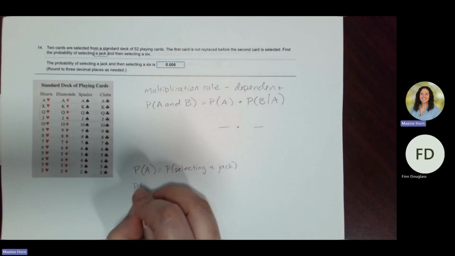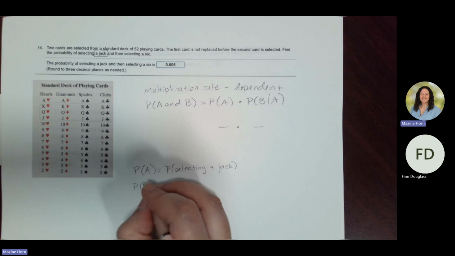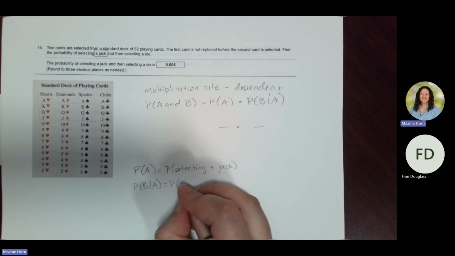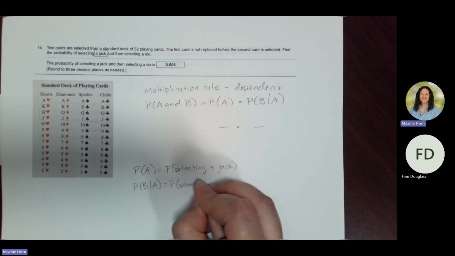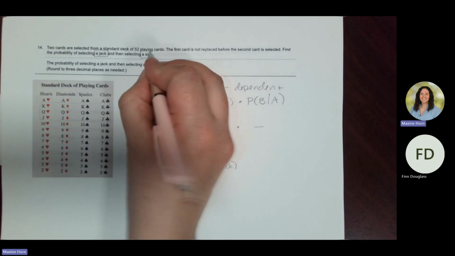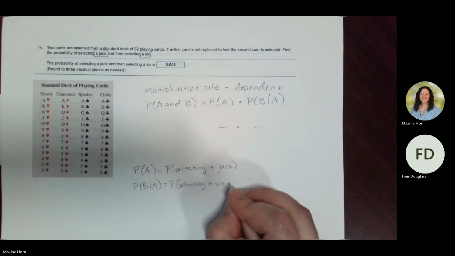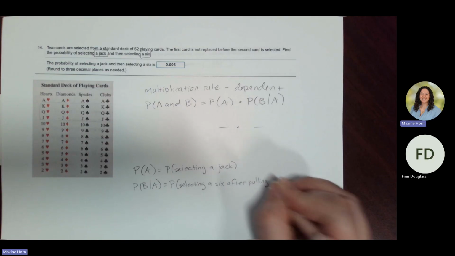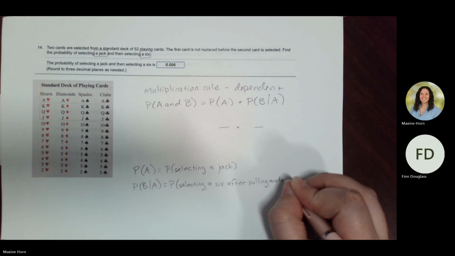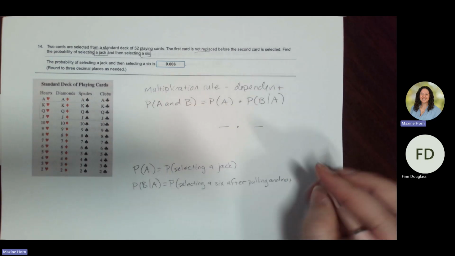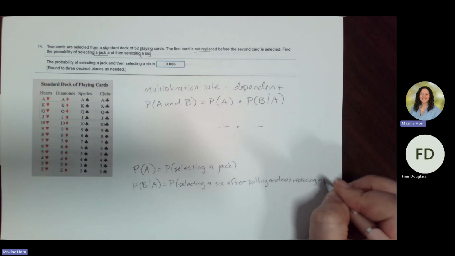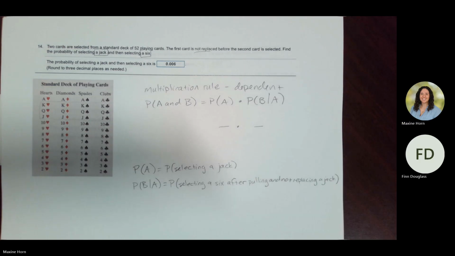Okay, and then the probability of B given A is the probability of selecting a 6 after pulling and not replacing a jack. Okay, that's what each of those things are.